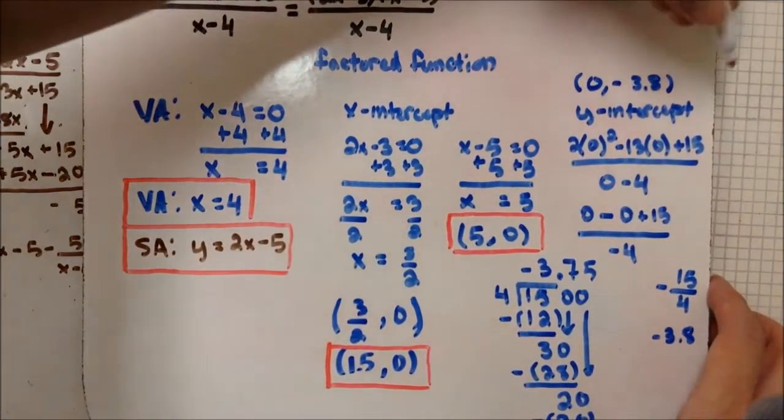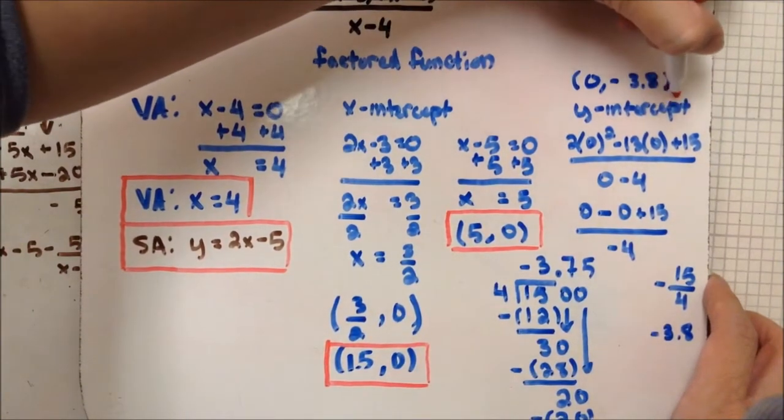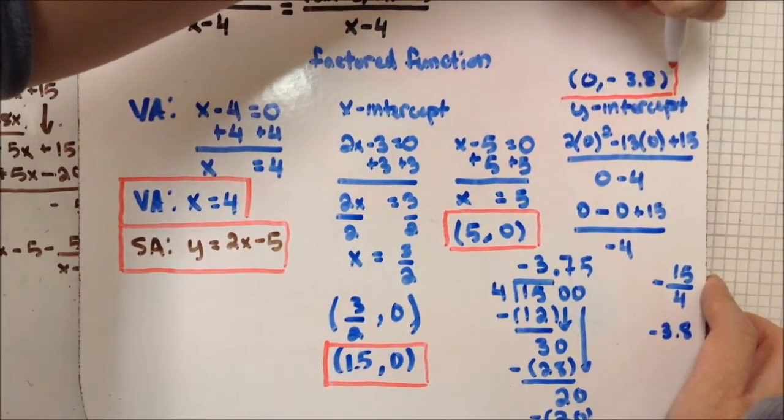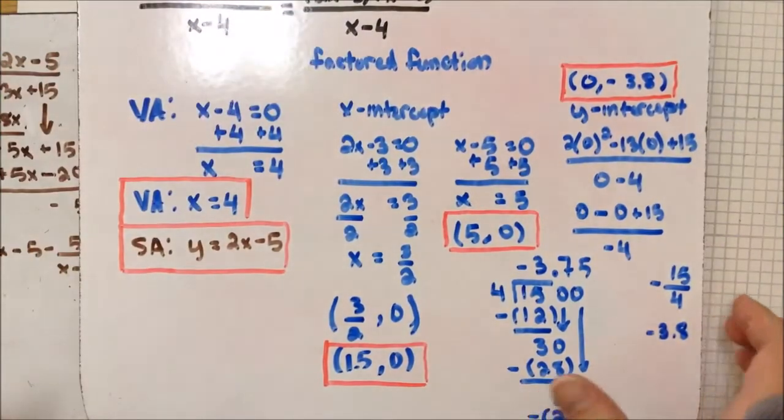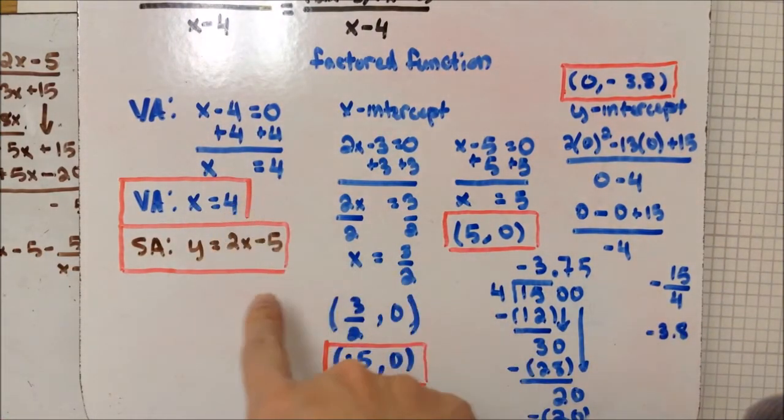And then our y-intercept. Alright, so vertical asymptote, slant asymptote, x-intercept, y-intercept.